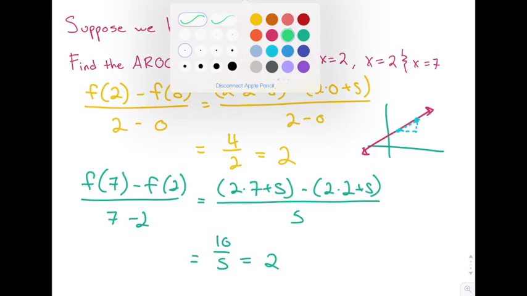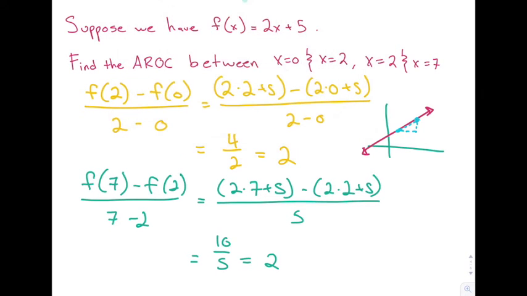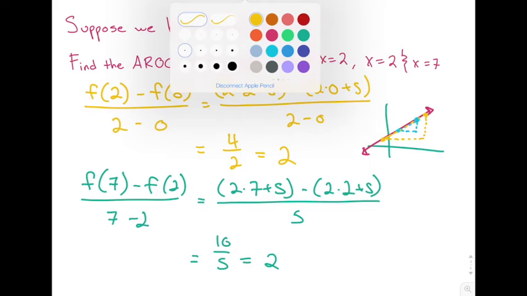And similarly, if I grabbed this point and this point, we need the rise and the run. The slope of the line that connects those 2 yellow points is also coinciding with the slope of the function itself and the slope of the line connecting the 2 blue points. That is to say that the average rate of change of linear functions is constant.